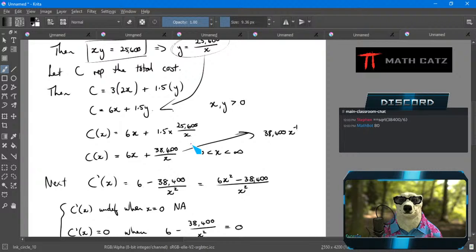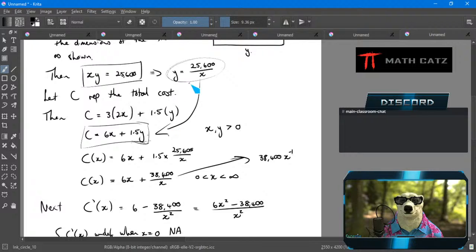When x is 80, I can go to this function, but seeing it's going to be the answer, I might as well find y and look at this nice simple version of the cost function. So when x is 80, y is 25,600 divided by 80.